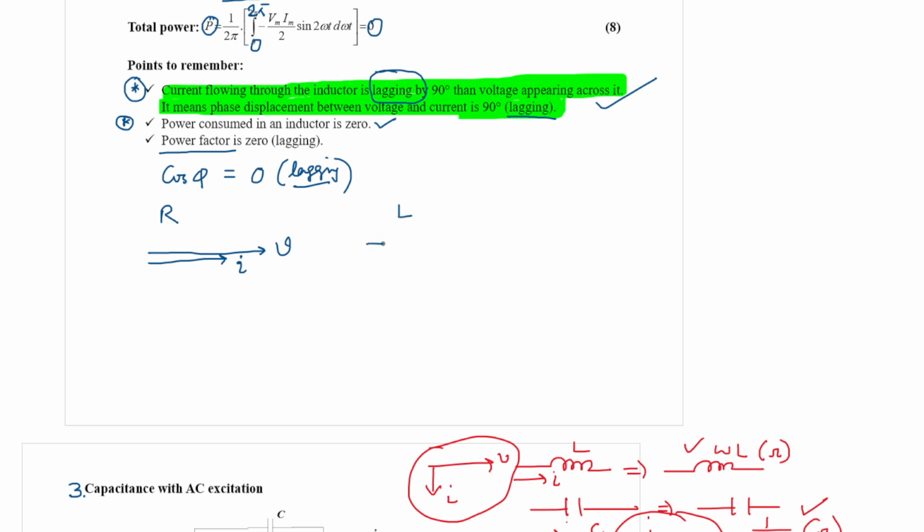For an inductor, if this is V then current I is lagging by 90 degrees, and for capacitance, if this is V then current should be leading by 90 degrees.